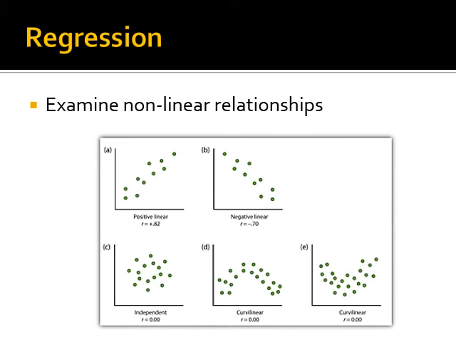And that's also curvilinear. Now, the correlation, if you look at the R value, is still the same, still 0 for both of those, even though there obviously is a relationship. So R is not particularly useful. Correlation is not useful when you have nonlinear relationships, because the statistic isn't going to be significant, even though there clearly is a line.